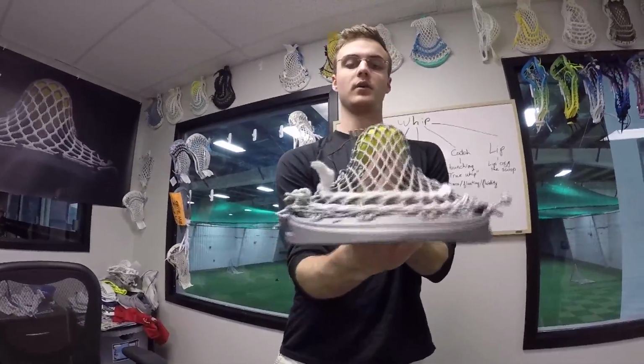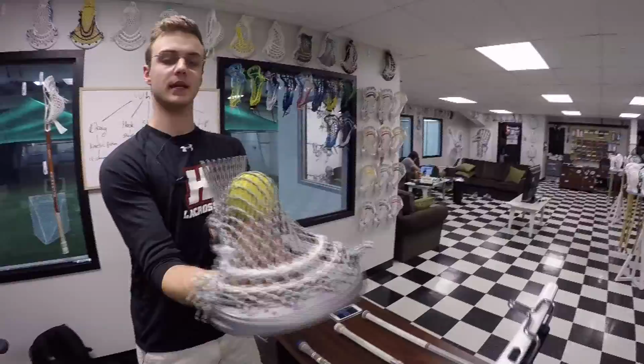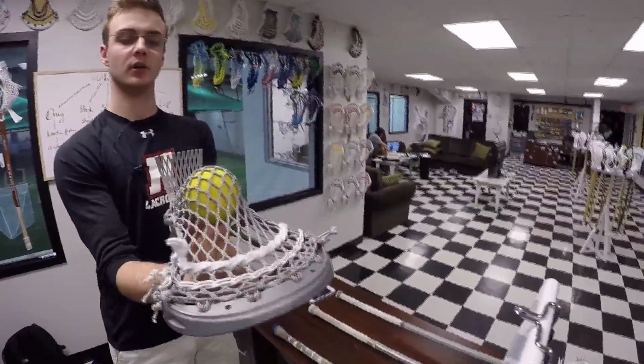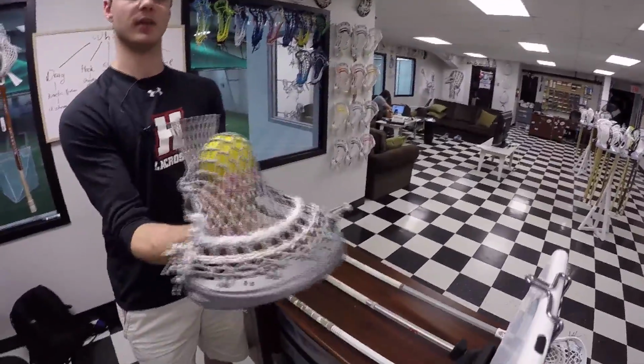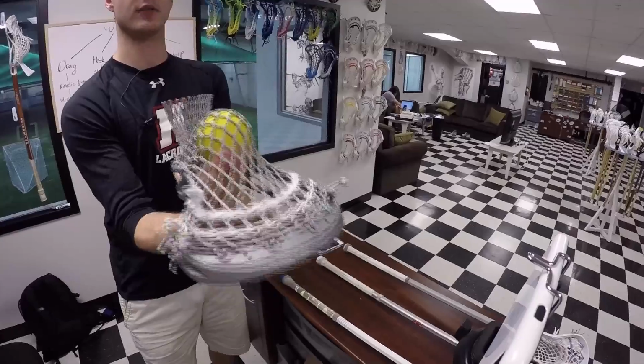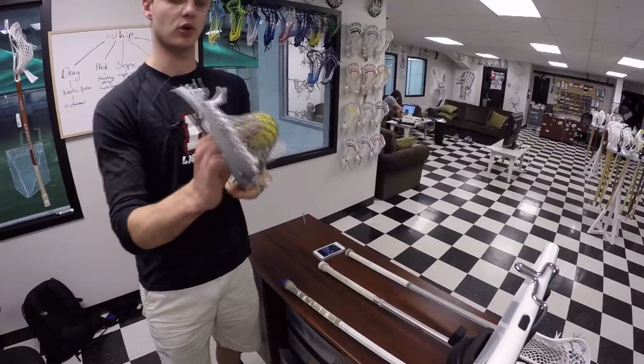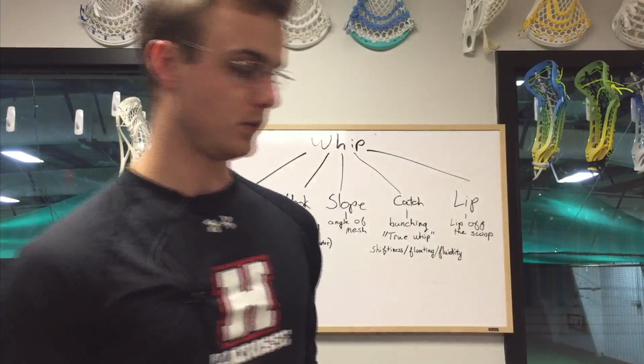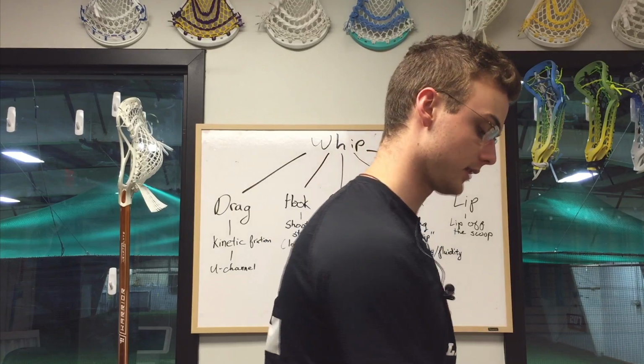We showed how if you have the mesh hug the sides of the ball, it can create a little bit more kinetic friction without adding that static friction, and thus add a little more hold to your stick without making it whip into the ground.